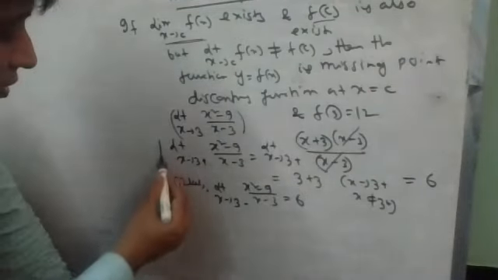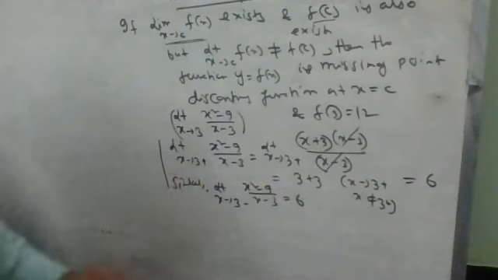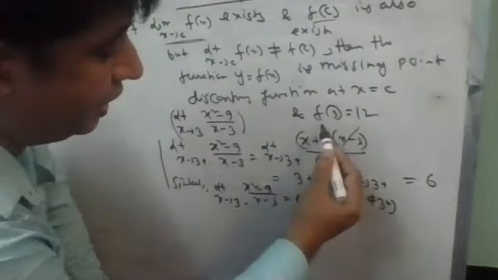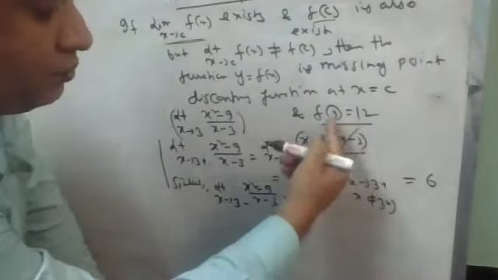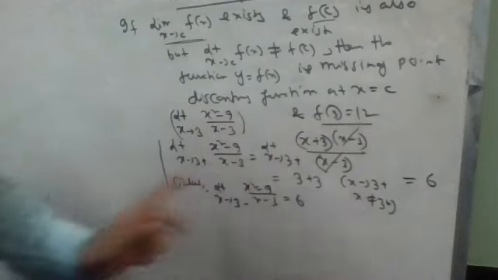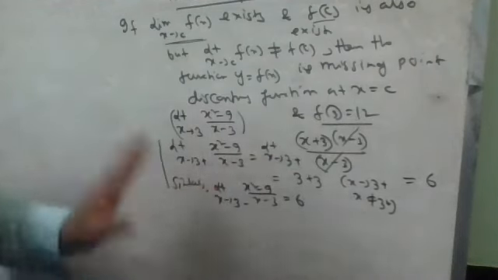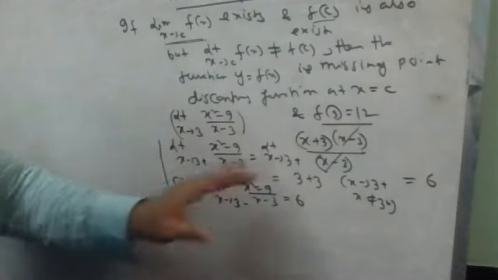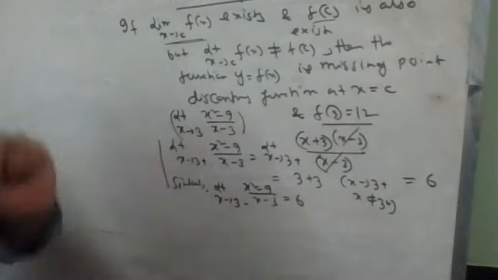That means limit exists at x is equal to 3, but f(3) does not match. F(3) will not match with the left hand limit and right hand limit of the function at x is equal to 3.